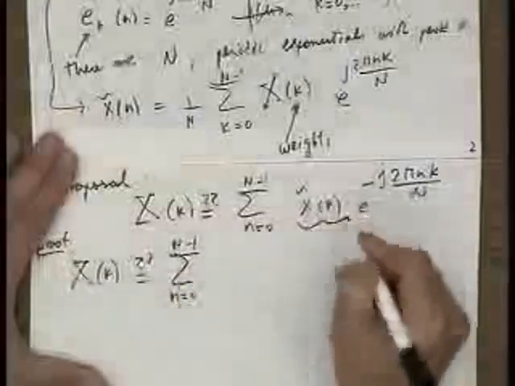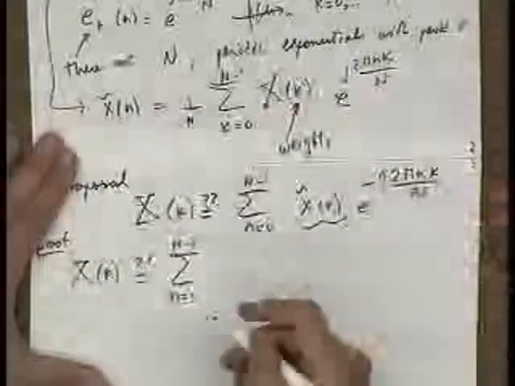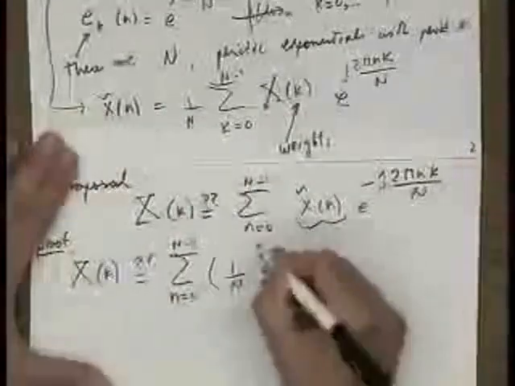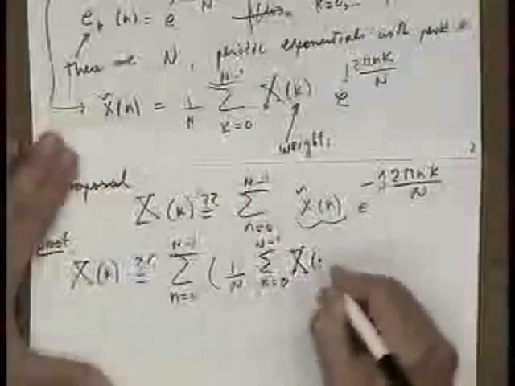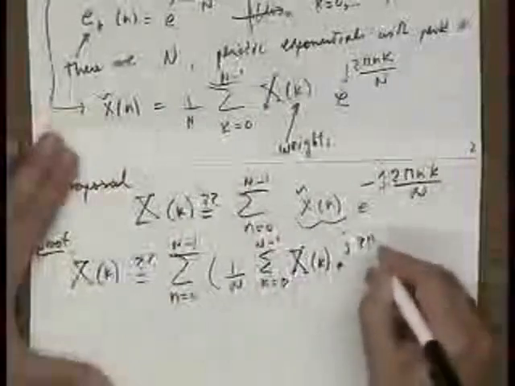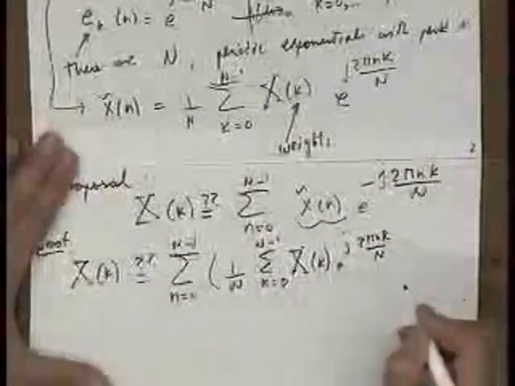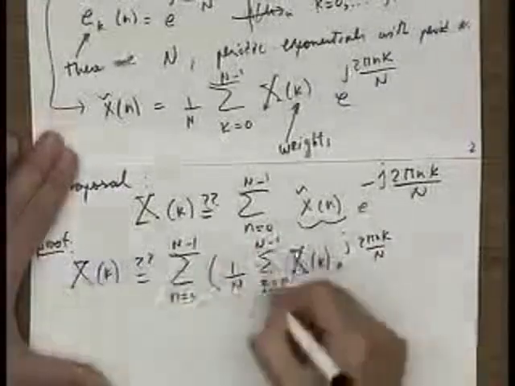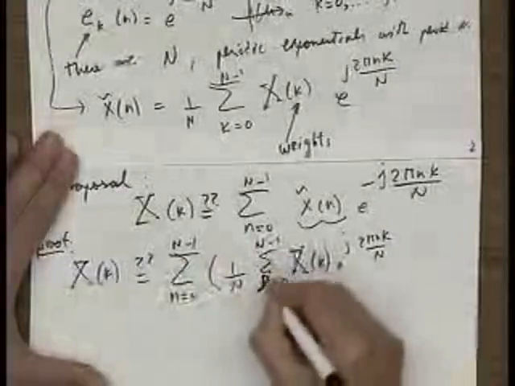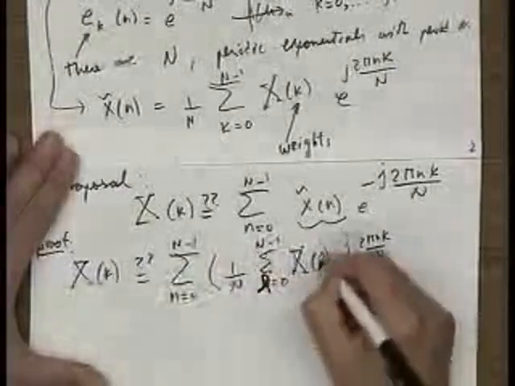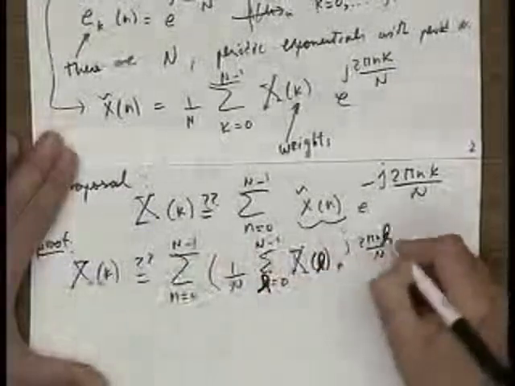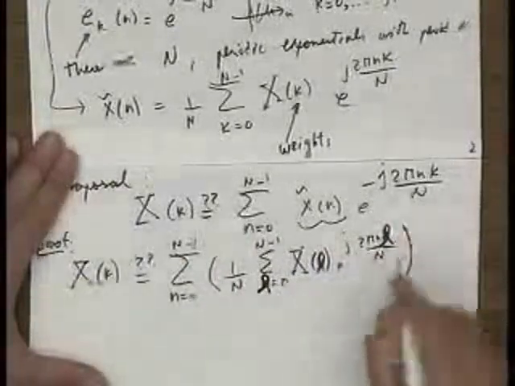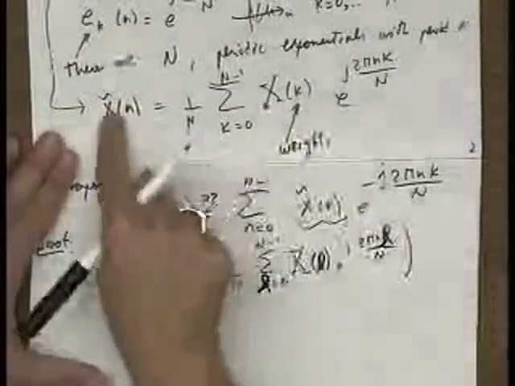And now I'm going to replace this with this whole expression: 1 over n, summation k equals 0 to n minus 1, x of k, e to the j 2 pi nk over n. And to avoid confusion, because I already have k, I'm going to change this dummy variable to l: x of l, e to the j 2 pi ln over n. So that is the expression I have for x tilde of n.